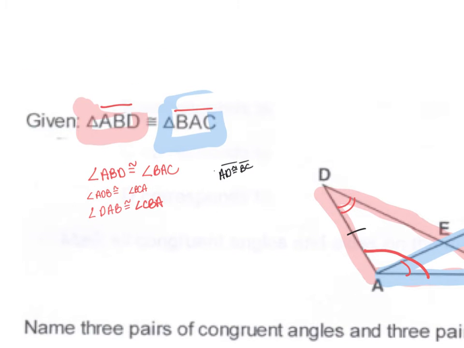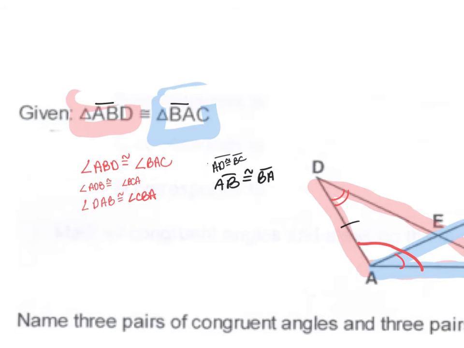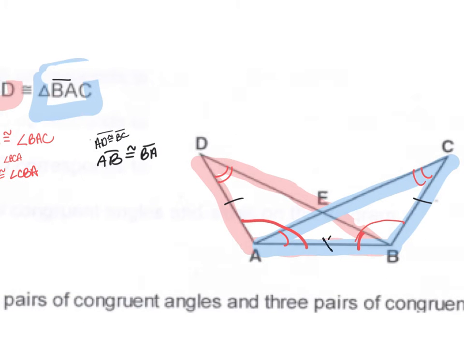I can now say that AB and BA are congruent. Which we actually already know because look, that's the reflexive property. So you can just say AB congruent to BA or AB congruent to AB.